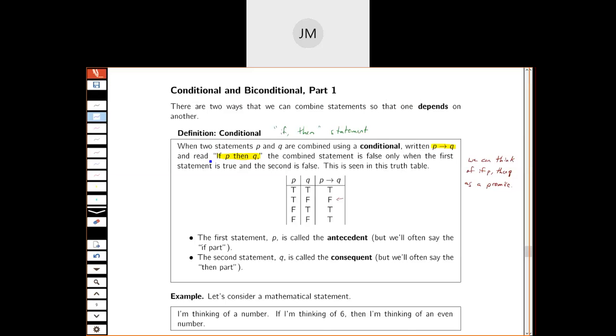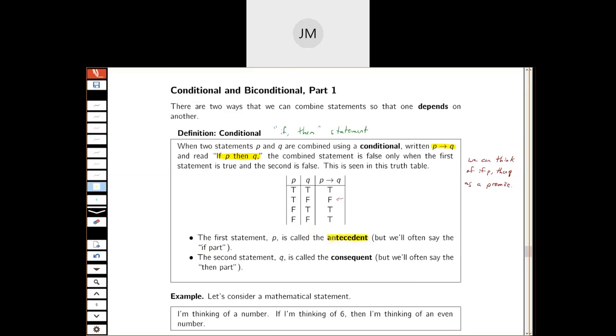So we're going to start by having a way to refer to the first part and the second part of the if-then. The first part of the if-then we call the antecedent. We could also say the if part because, you know, it's probably just as likely to mix those up as to keep them straight, right?